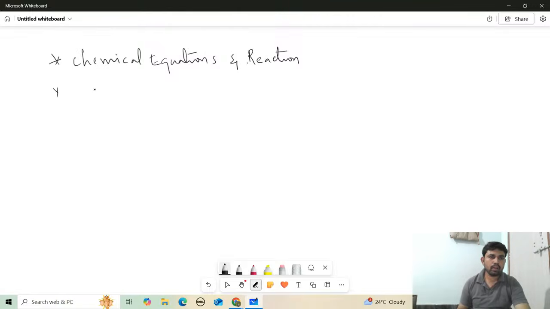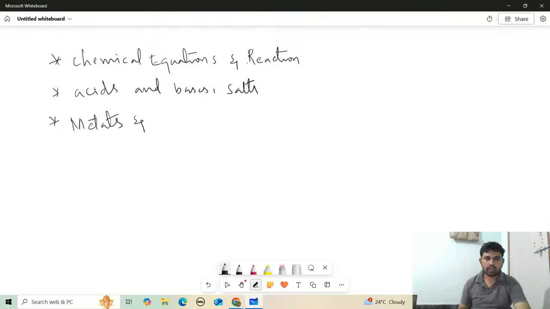The second chapter is acids, bases, and salts. Similarly, the third chapter is metals and non-metals. And we have one more chapter, carbon and its compounds.